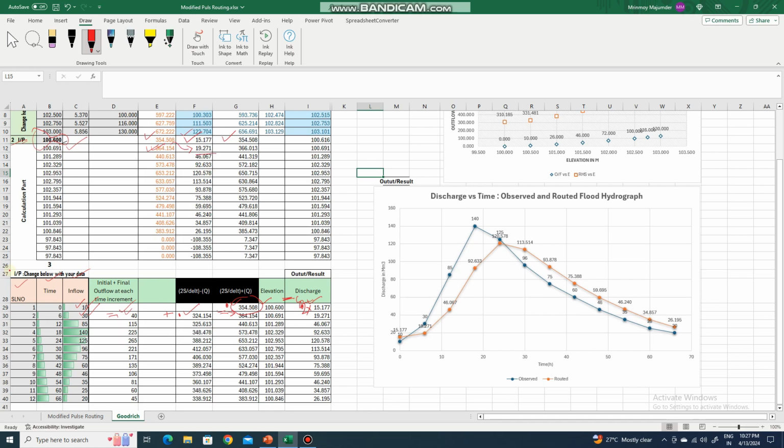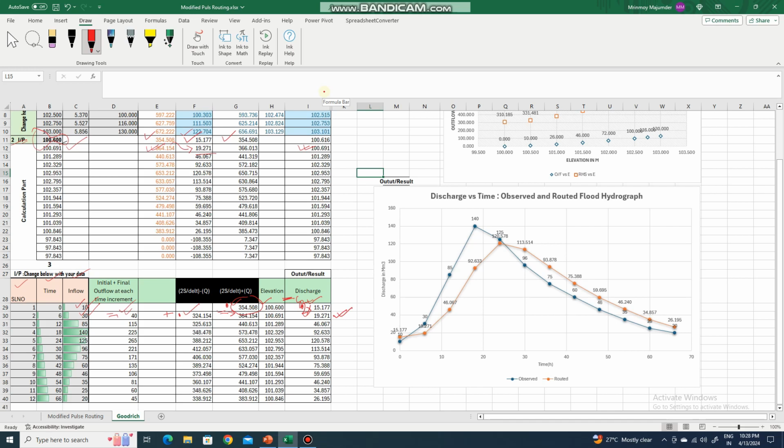And also the corresponding new elevation, as I have said. So the discharge will be stored for that first time increment as the discharge after the 6th hour from the outlet of the reservoir. So as that discharge, this will be recorded.